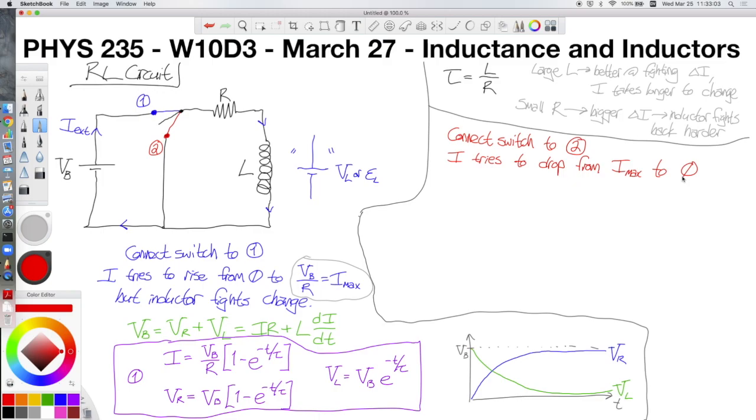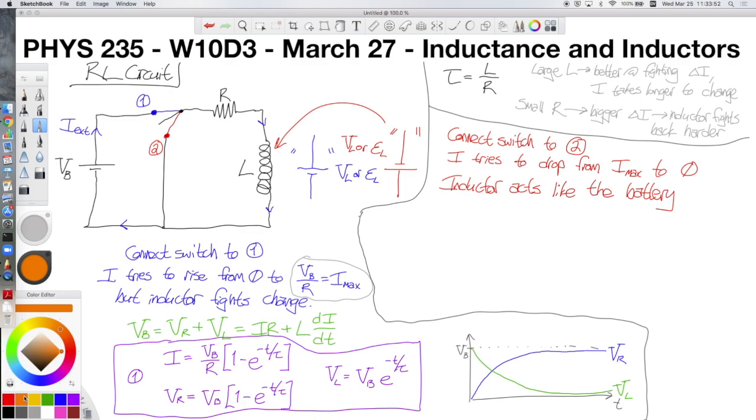So the current was initially flowing at I max, and it's going to try to decrease down to 0. Well, when the current through an inductor is decreasing, that inductor acts like a battery oriented the same direction as the current. Again, these are both for the inductor right there. It still has a voltage of V sub L or epsilon sub L, but in the absence of an actual battery in this circuit, the inductor will act like our battery.